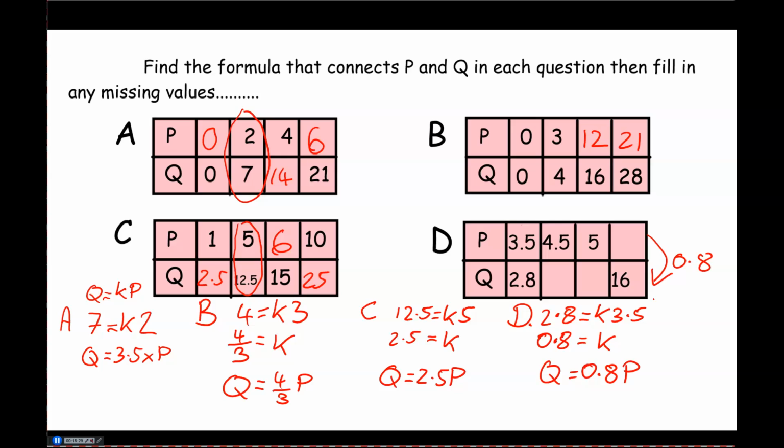So 4.5 times 0.8 is going to give us 3.6. They're still both getting bigger in the same way, or smaller in the same way. 5 times 0.8 is 4, and now I'm going to have to divide 16 by 0.8, which gives me 20.